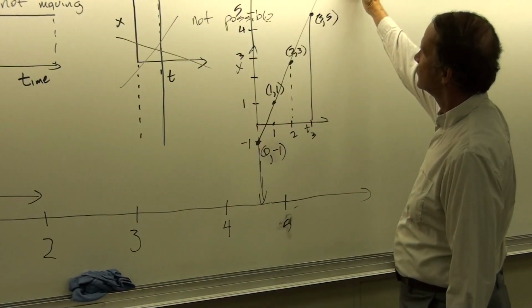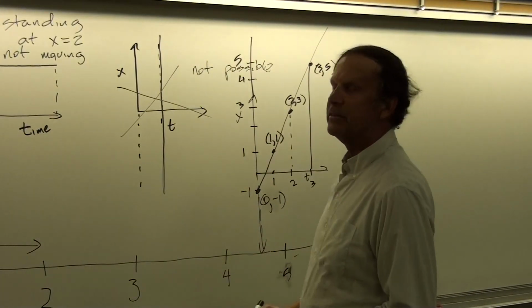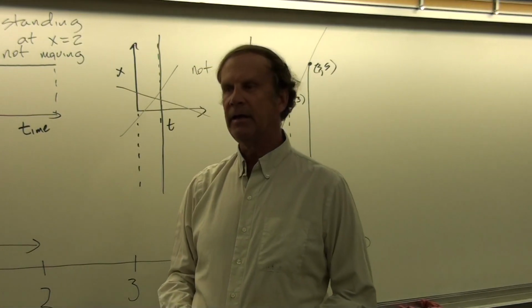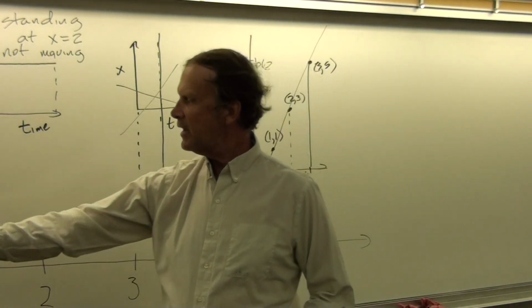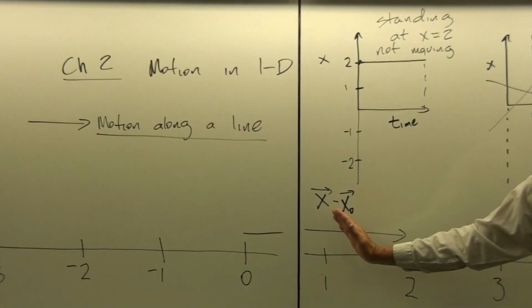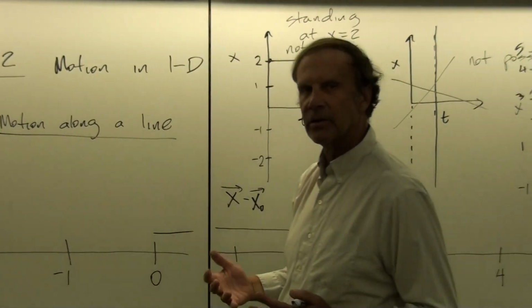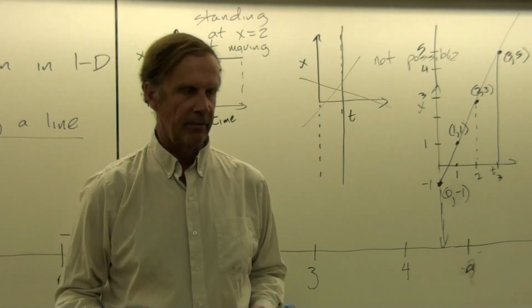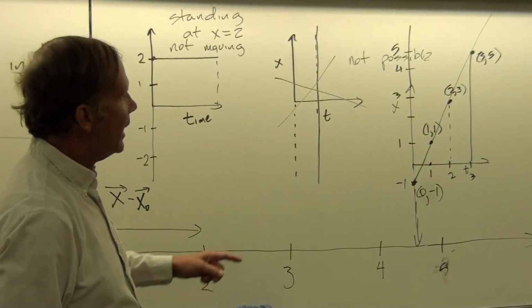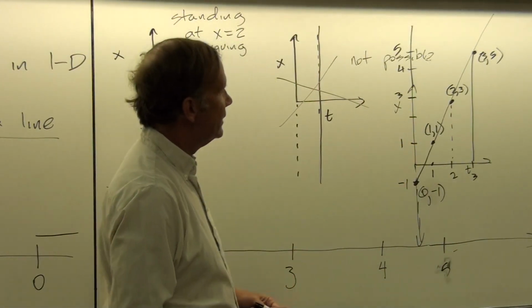Okay, so here's a straight line plot. I can get the slope of that straight line plot. But I think that you can see that I'm covering 2 meters in every second. So you kind of already know the answer from the way that I have set up the problem and from the way that I'm plotting it here.